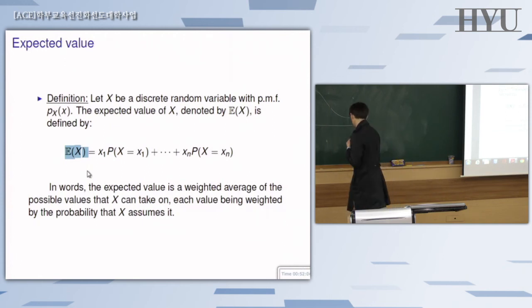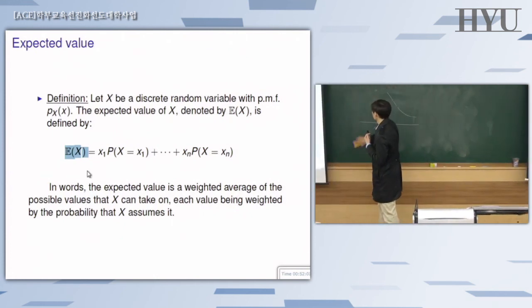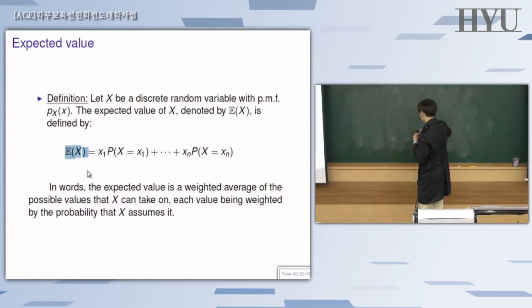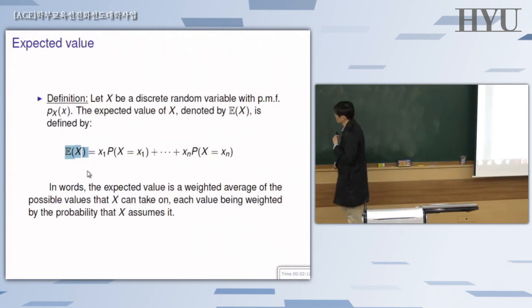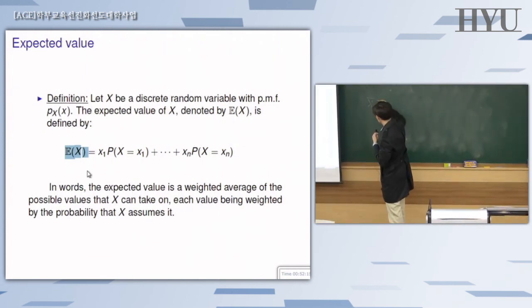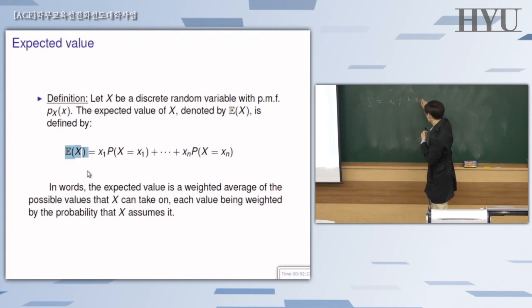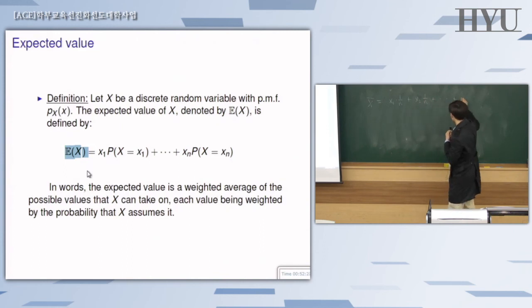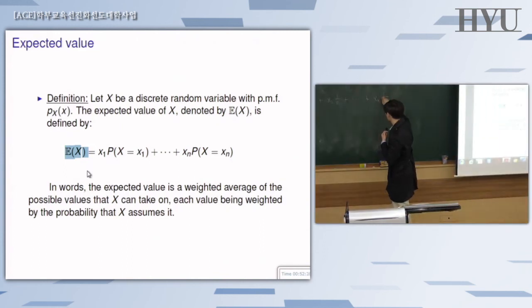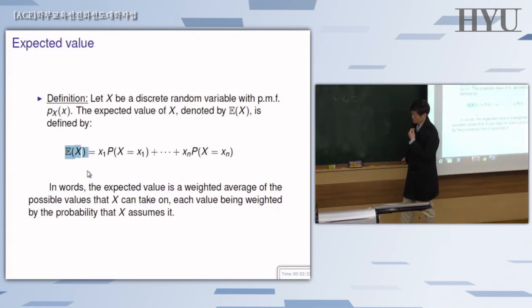If you recall the definition of sample mean, from the first class, first week: sample mean, x bar, is x1 times 1 over n, which is the sample size, plus second x times 1 over the sample size, all the way to the very last x and 1 over n. That was the definition of sample mean. If you compare this definition and put it aside the definition of the expected value, you see that there's a close analogy.